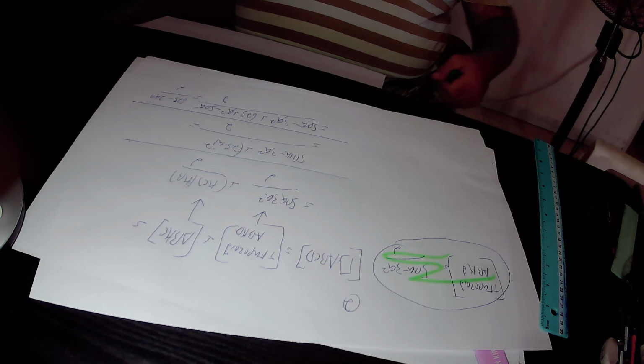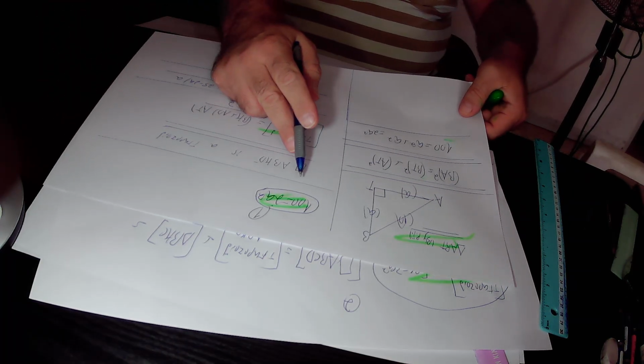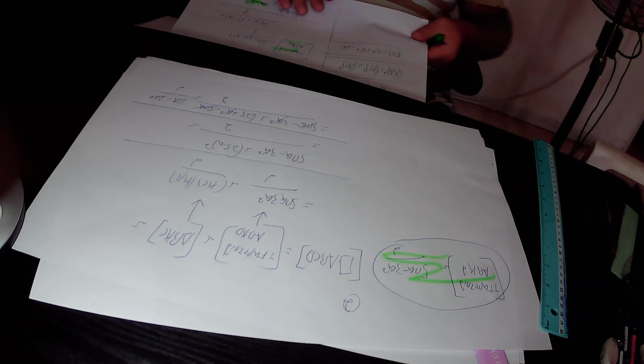But we already found out that 2a squared equals 100. So we can substitute 2a squared in this equation by 100.